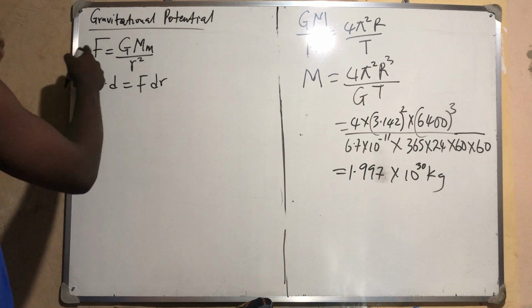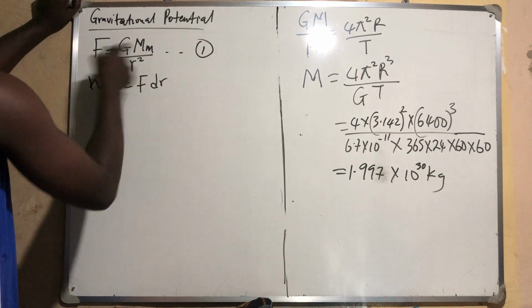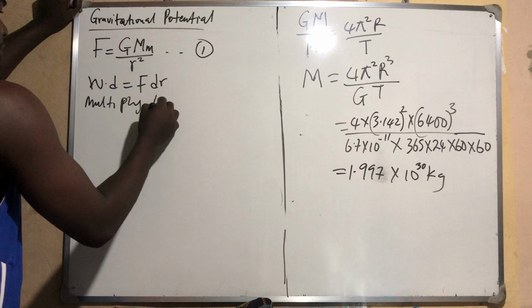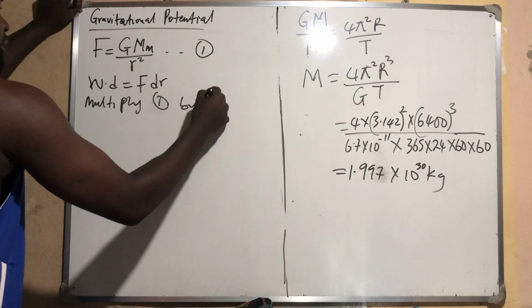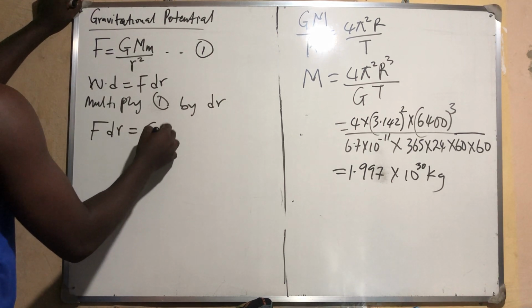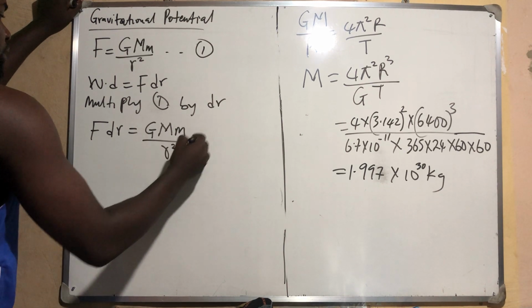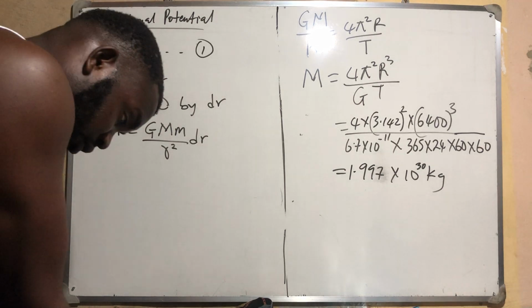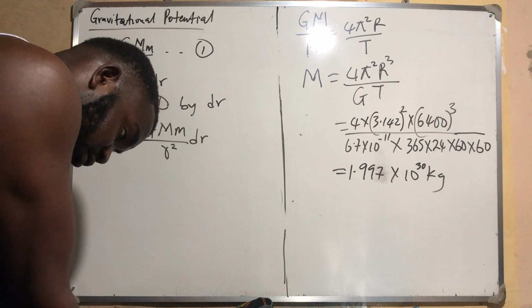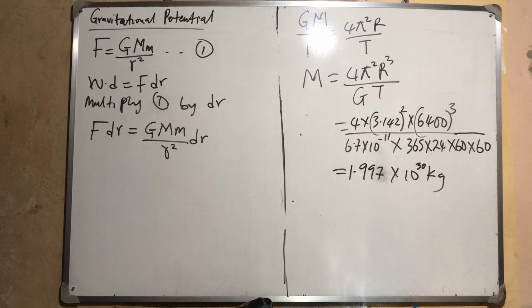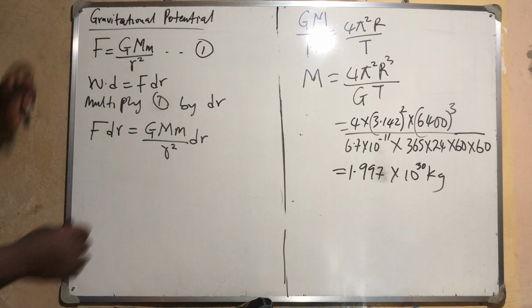So now, I want to multiply equation 1 by dr. So if I multiply the two sides by dr, I have that F dr is equal to G M m over r squared dr. So we now have to integrate both sides.